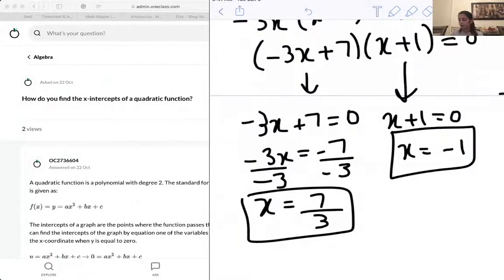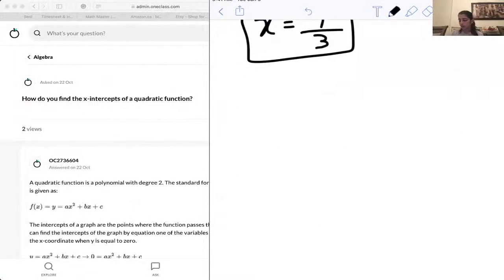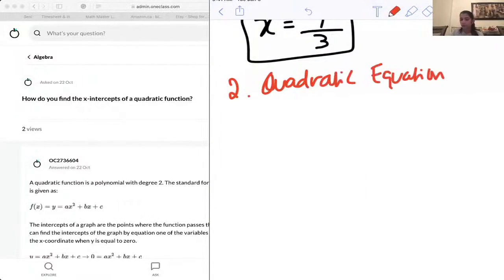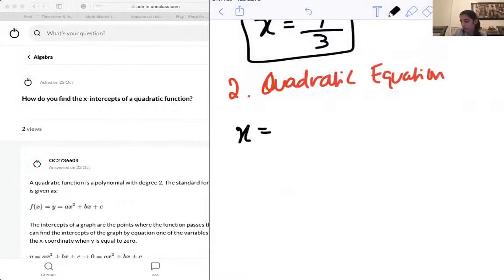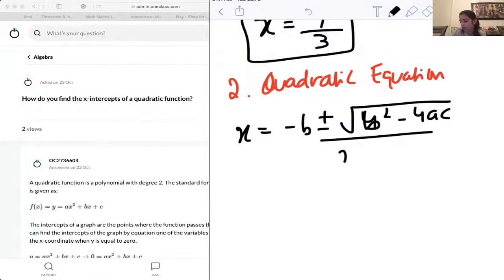Another way you can do it is by the quadratic formula. How that works, our quadratic formula is pretty simple, which is x equals negative b plus or minus the square root of b squared minus 4ac, over 2a.